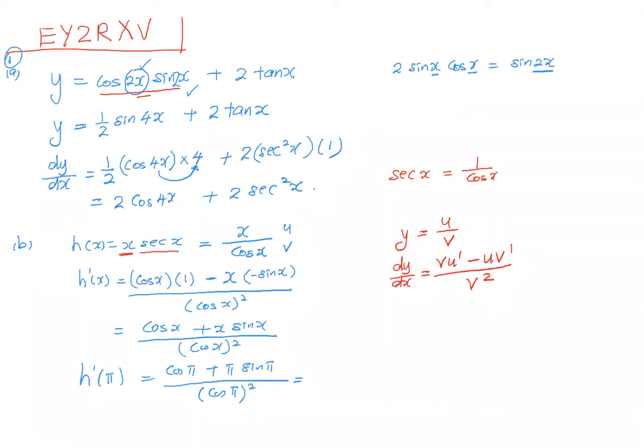Negative 1. What is the value of sin pi? 0. And cos pi is negative 1. So the answer is negative 1 over 1. So the answer is negative 1.